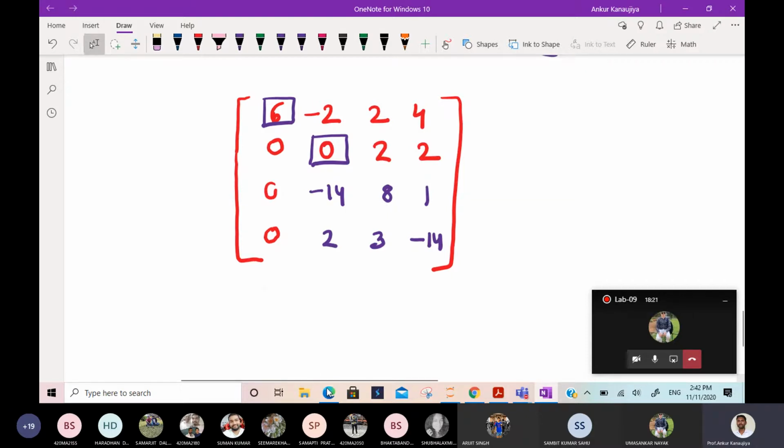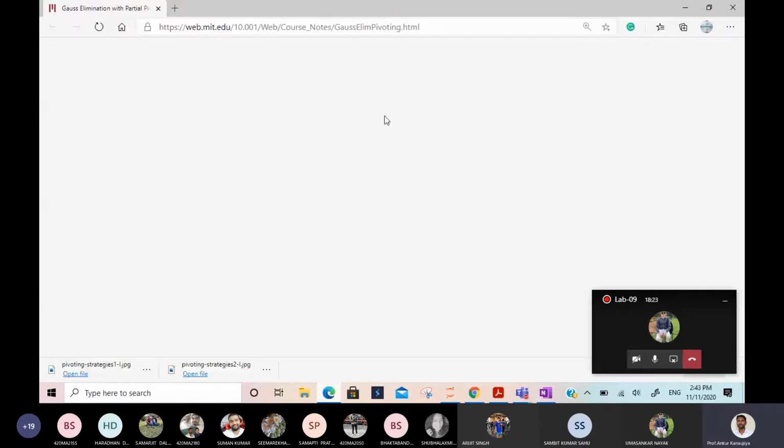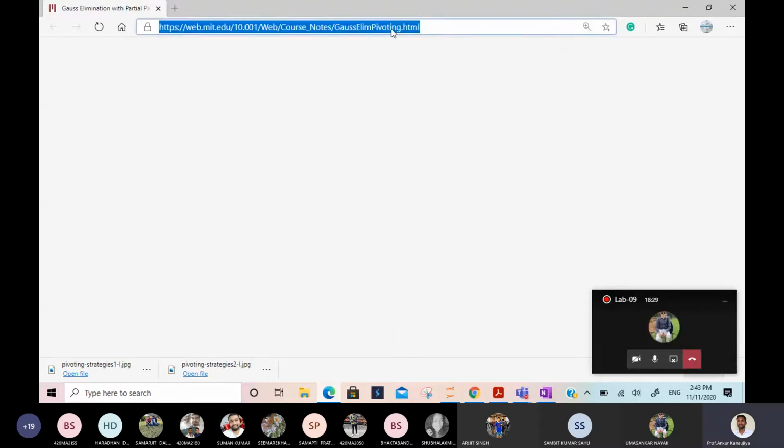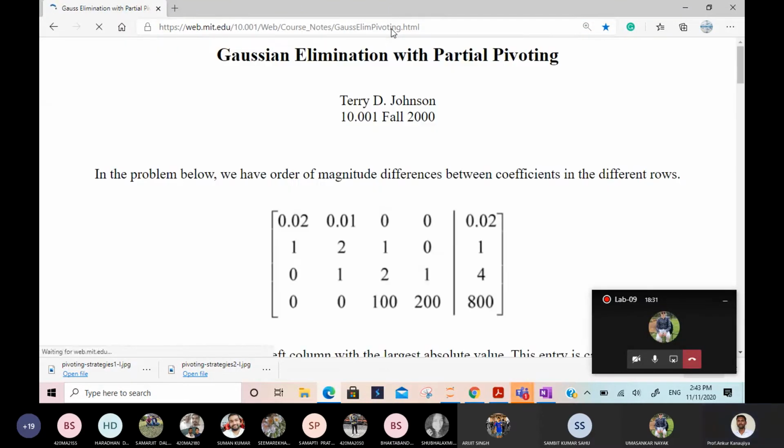So I will show one example here. Is it visible? Yes, sir. Here in the first column, first we'll see the first column.